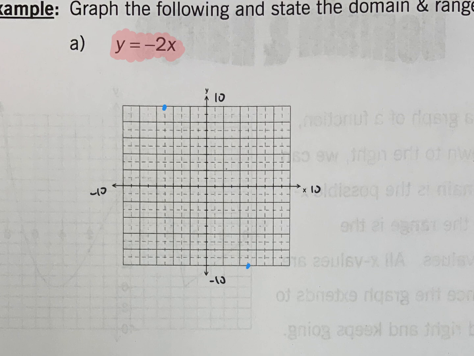What you can see when you graph this on Desmos is it looks like this. It goes all the way up to the left and all the way down to the right.